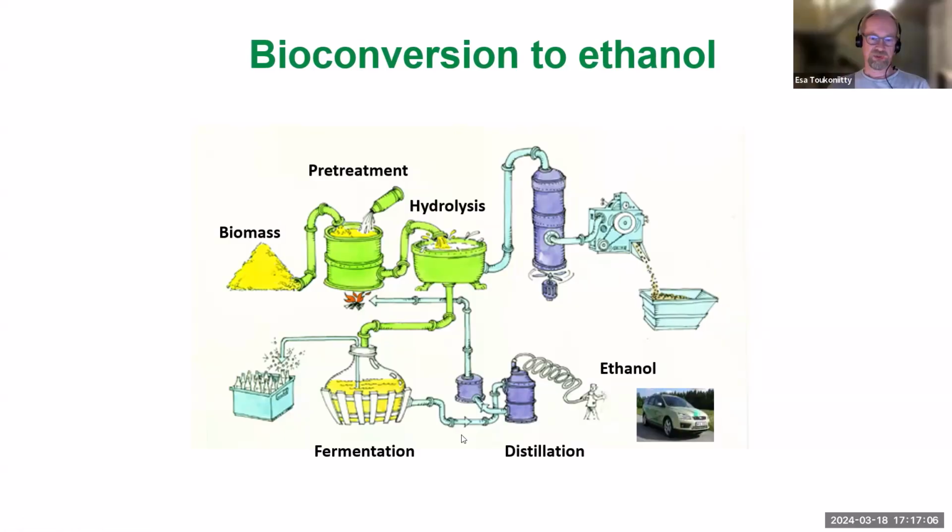If you want to use them, of course you use them as such after aging if it's wine or some alcoholic beverages, but if you want concentrated ethanol, you need the distillation step, which is the downstream processing with respect to fermentation.